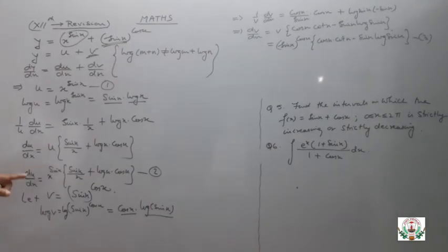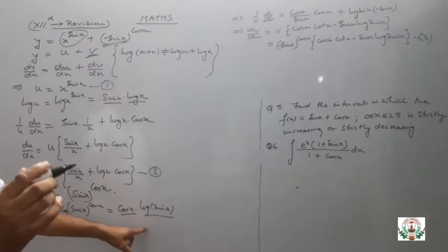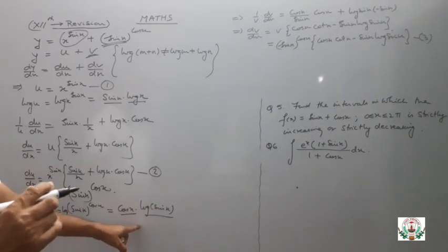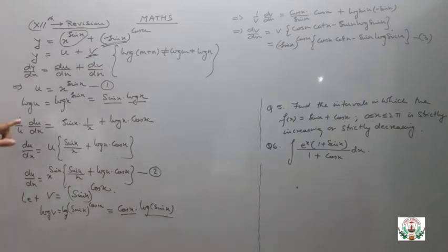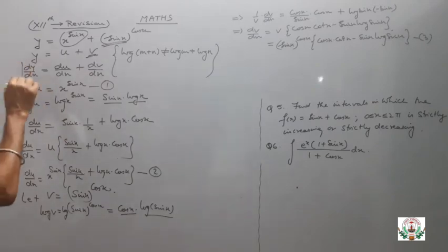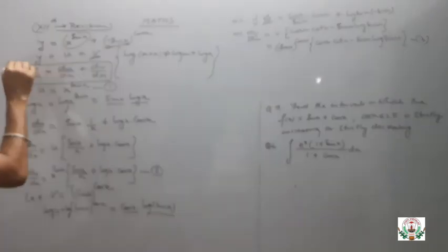So we got the value of du by dx, we got the value of dv by dx. Now we substitute both du by dx and dv by dx in dy by dx.